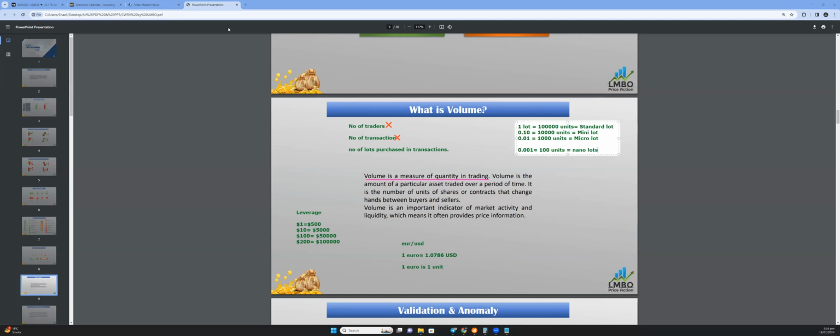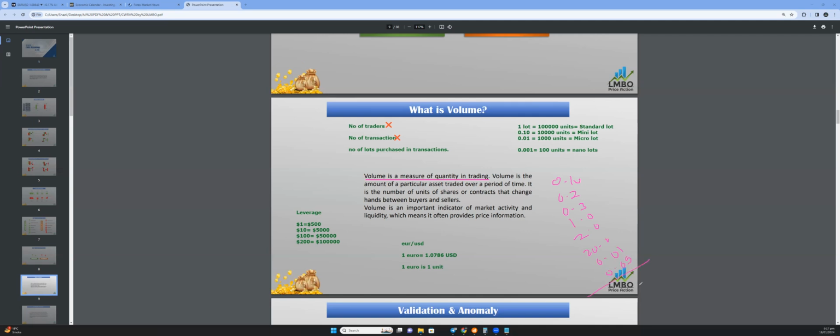These lots everybody is buying. For example, if I show this, someone is purchasing 0.1, someone is purchasing 0.2, someone is purchasing 0.3, someone is purchasing one lot, someone is purchasing 2 lots, someone is purchasing 20 lots, and someone is purchasing 0.01 lot, someone is purchasing 0.05 lot.